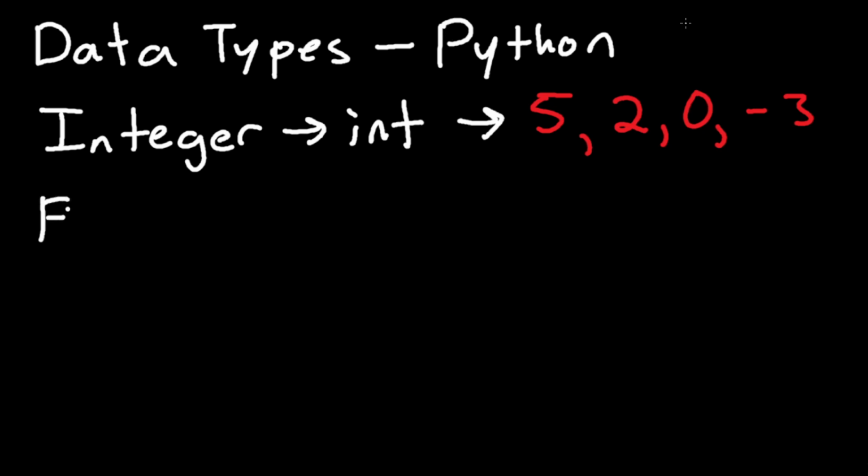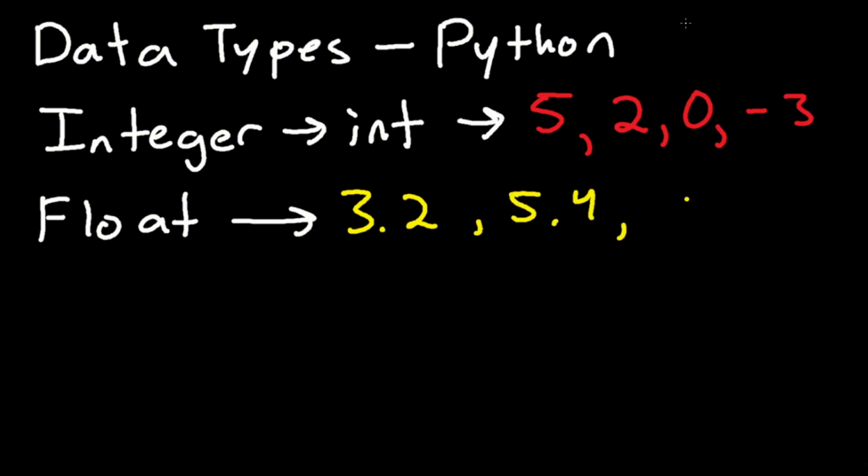How about a float? Well, a float has no real abbreviation. People just say float. And a couple of examples of this would be 3.2, 5.4, even 3.0, and 2.111. All of these are examples of floats.